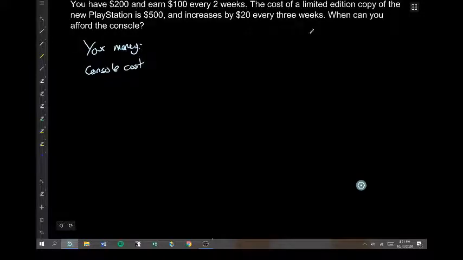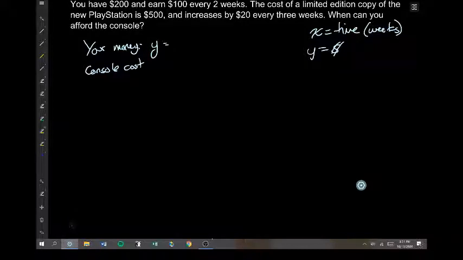Okay, I'm going to set up the variable x to stand for time, and that's going to be in weeks, and the variable y to stand for money, and that's in dollars. And here's what I know. For me, my total money y is equal to, I'm getting $100 every 2 weeks, and I started with $200.